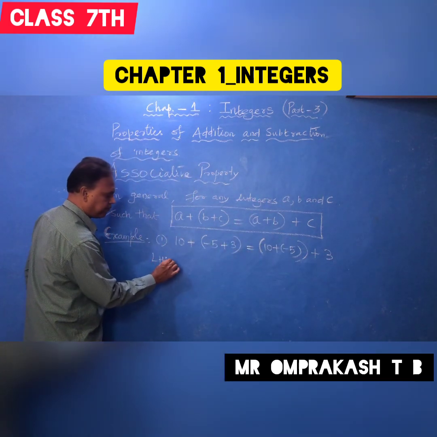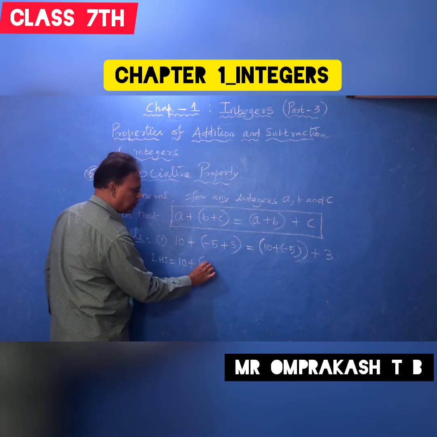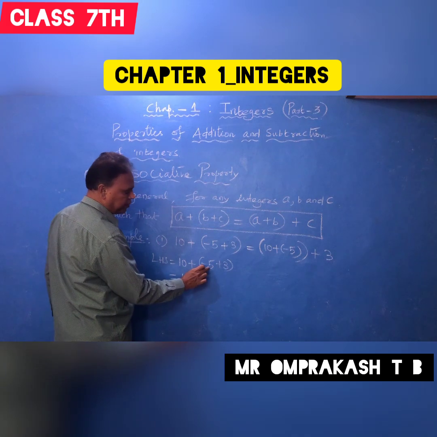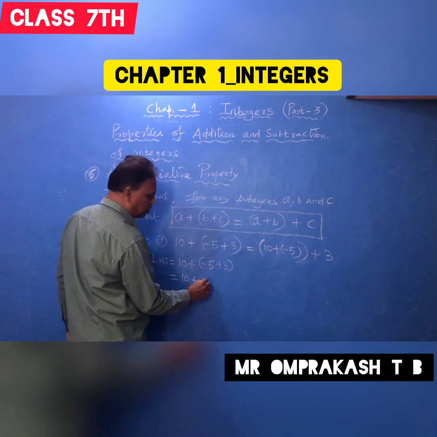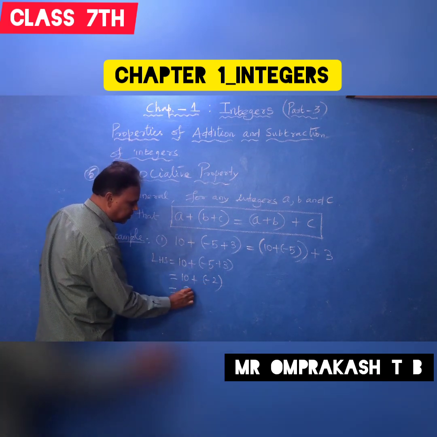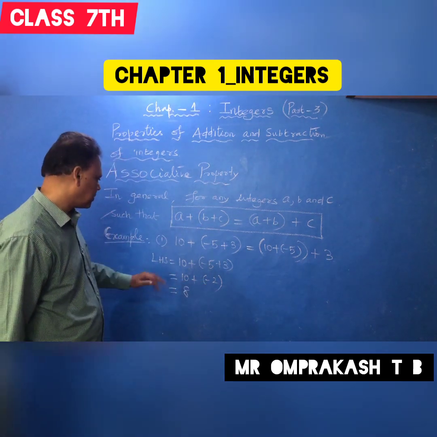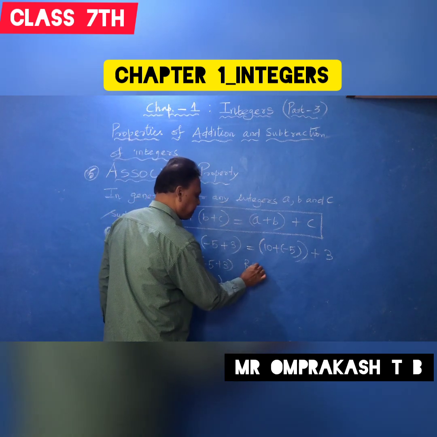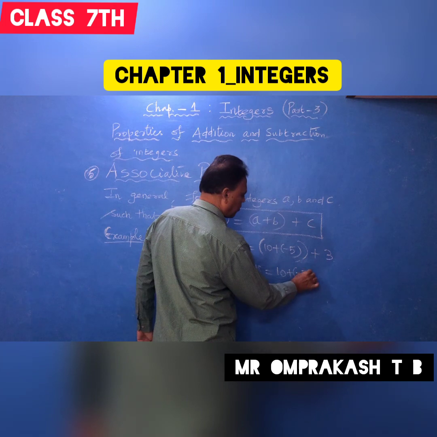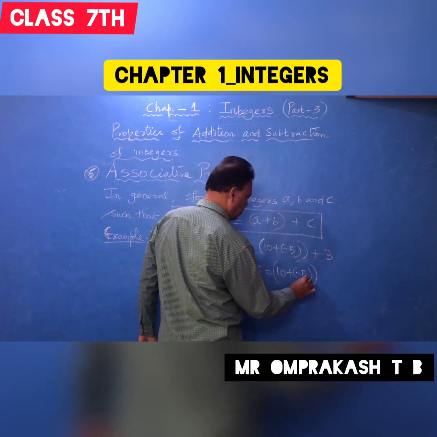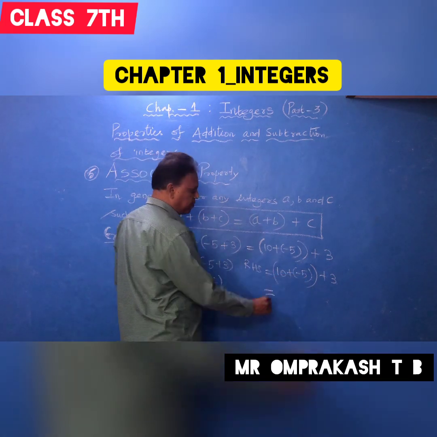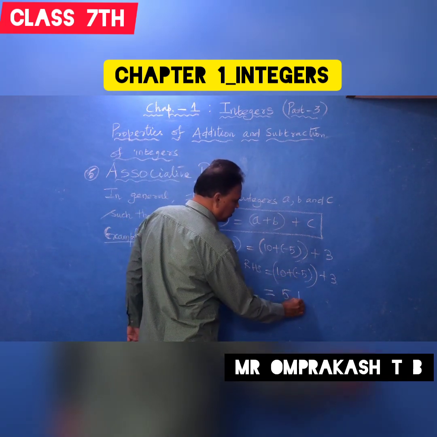Left hand side you take 10 plus (minus 5 plus 3). First what you have to do is simplify the bracket. Minus 5 plus 3 is how much? Minus 2, right? So 10 minus 2 is 8. Understood? Now right hand side you take 10 minus 5. 10 minus 5 is how much? 5, plus 3.